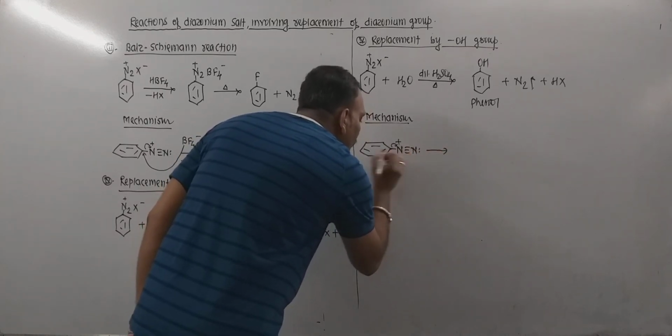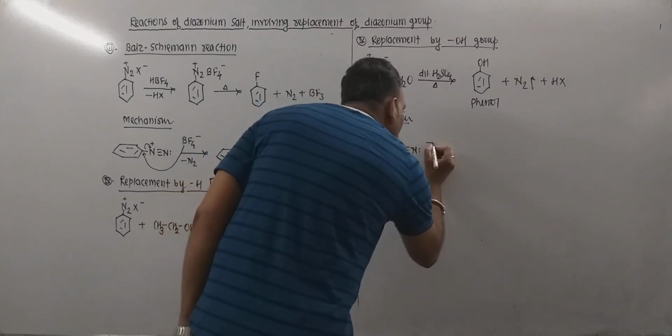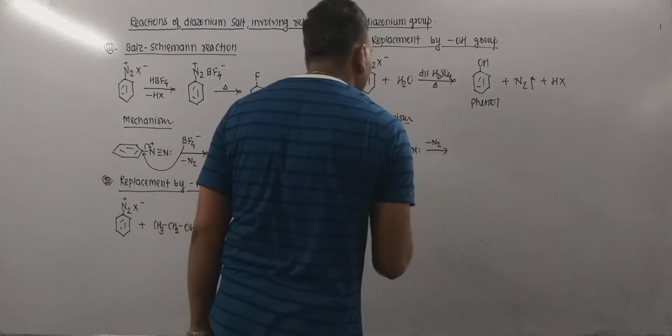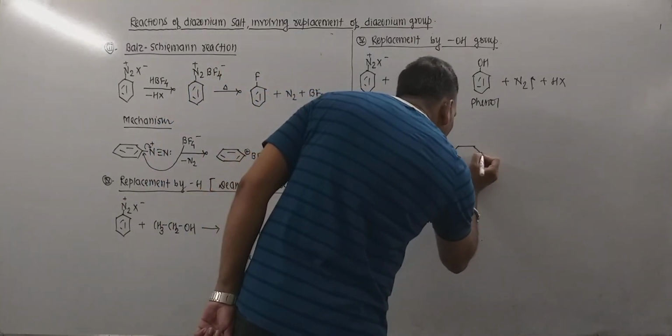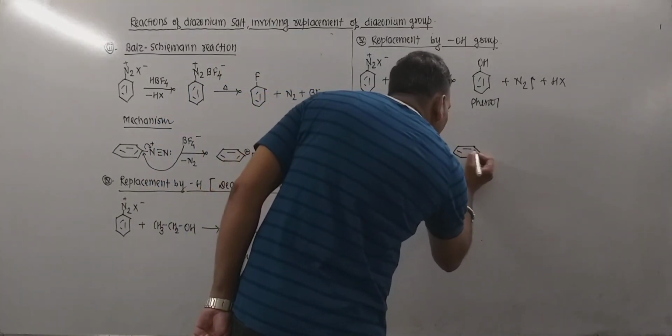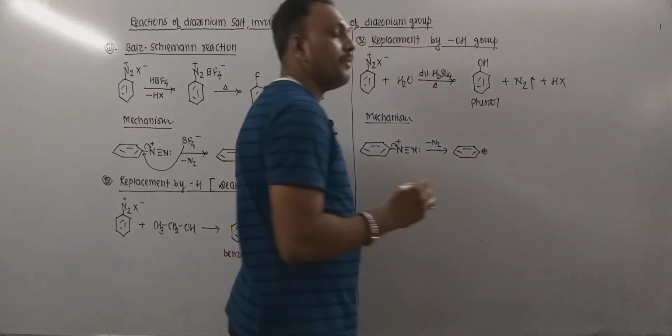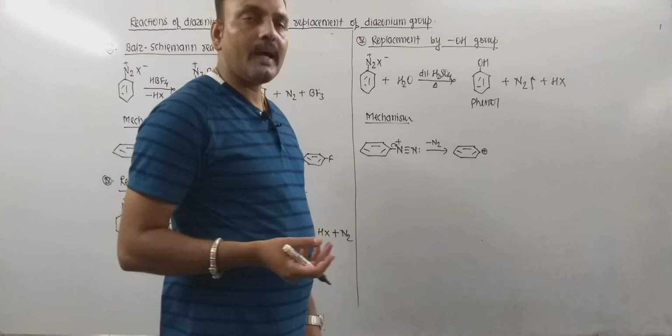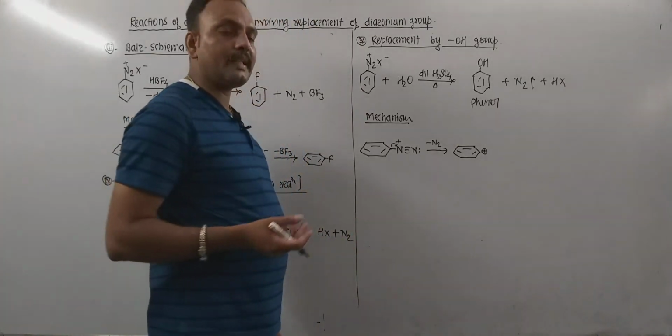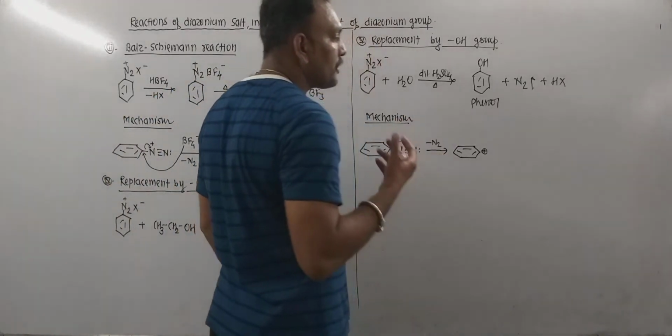This nitrogen attracts the electron pair and thereby departure of N2 takes place, and this carbon now bears a positive charge. So we receive the phenyl cation, and we know very well the phenyl cation is not stabilized by any factor. It is not resonance stabilized, that's why it is very short lived.